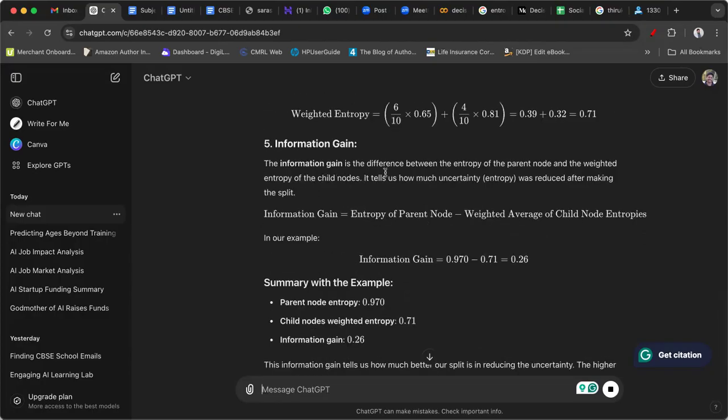Information gain is the difference between the entropy of the parent node and the weighted entropy of the child nodes. Information gain equals entropy of the parent node minus the weighted average of the child node entropy.